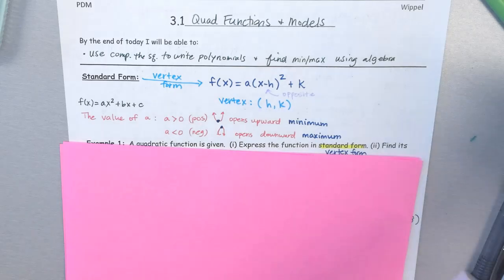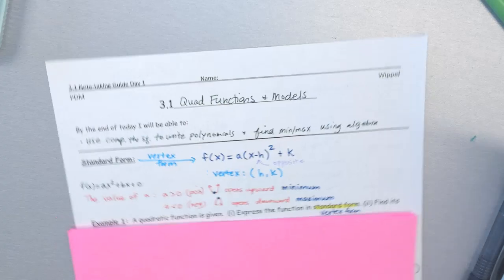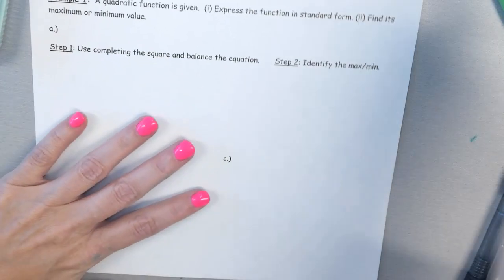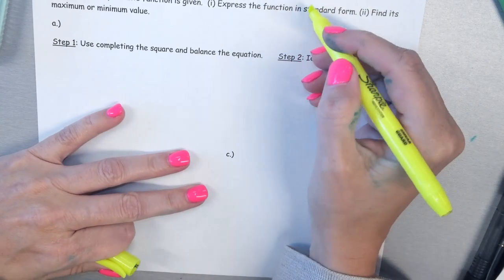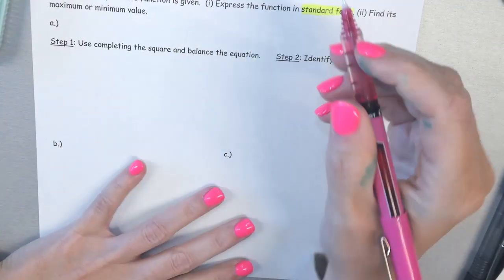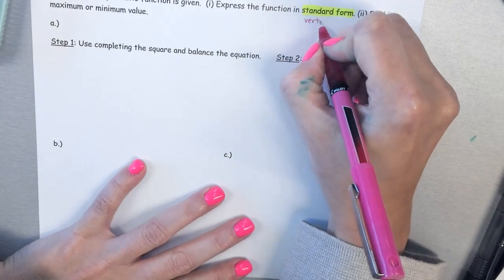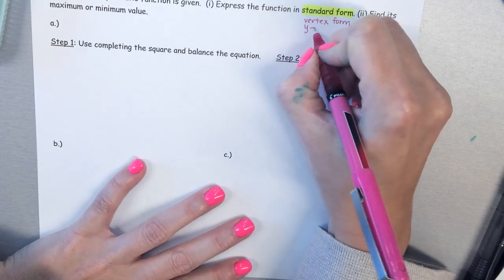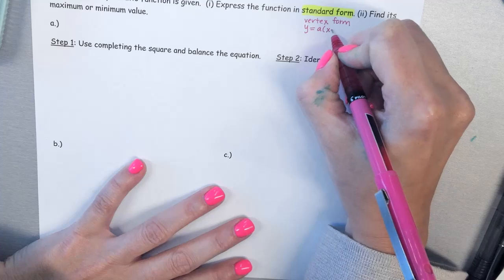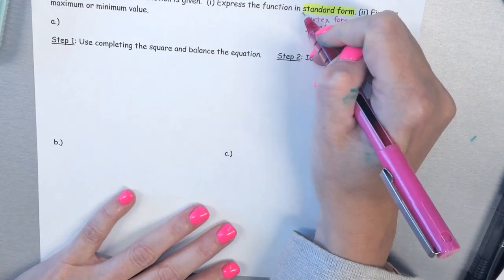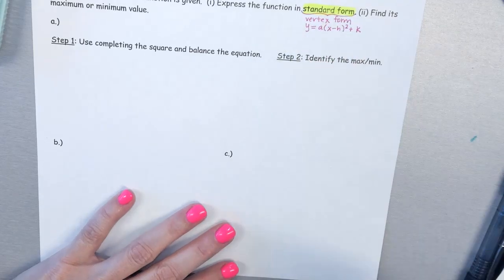Okay, so example 1 says a quadratic function is given. We need to express the function in standard form, except, just kidding, it's really vertex form. It is kind of strange how different books refer to different things, but the vertex form is the form where you can pick out the vertex just by looking at it, which is going to be this form.